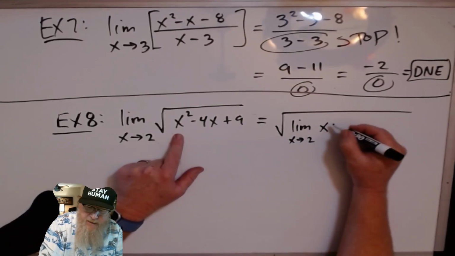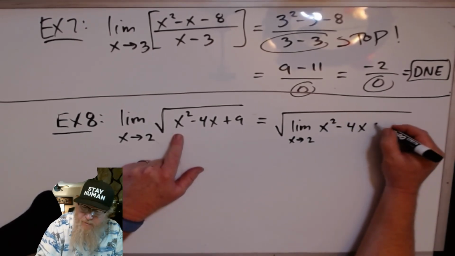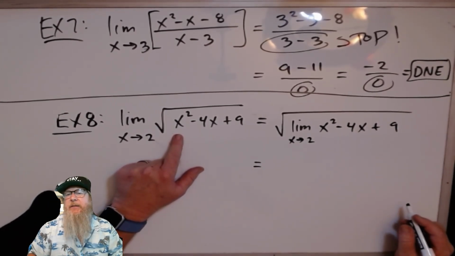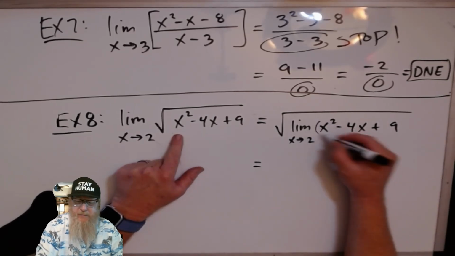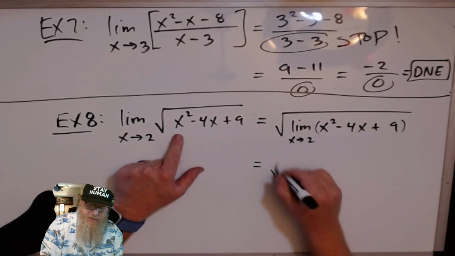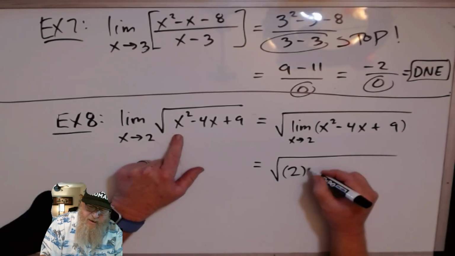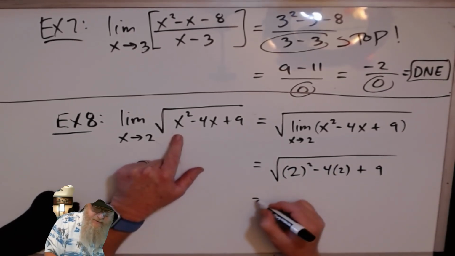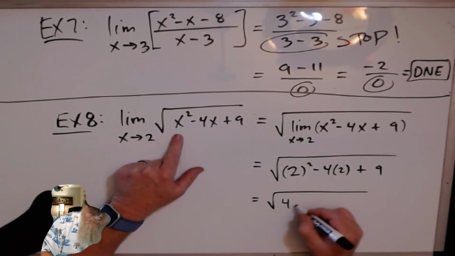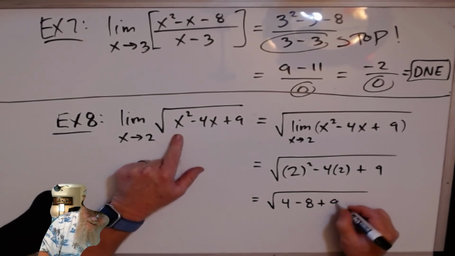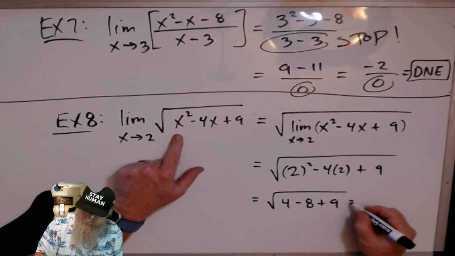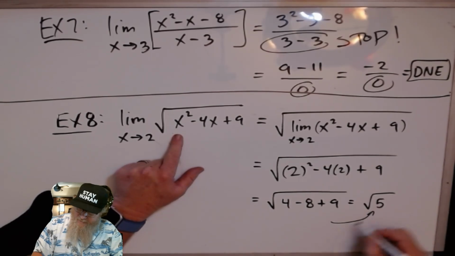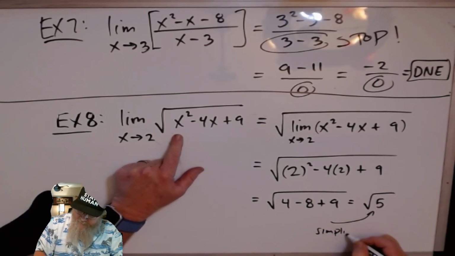I do have to be careful that I don't get a negative number, otherwise it would be DNE. Directly substituting, I get 2 squared minus 4 times 2 plus 9. 4 minus 8 plus 9. Square root of 5. Simplify if possible.